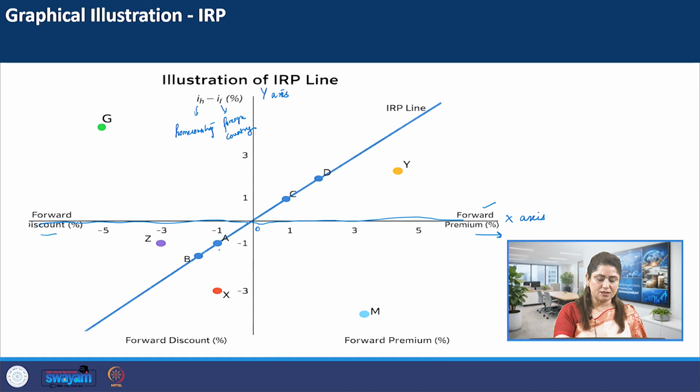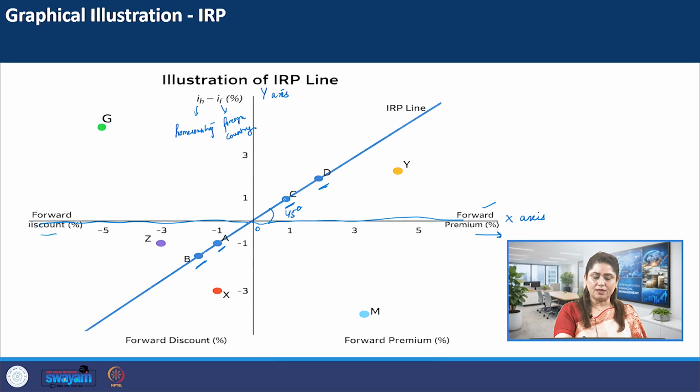We have points A, B, C and D, which are falling on the IRP line, which is at a 45-degree angle from the axis. The points A, B, C and D are lying on the IRP line, which is the equilibrium state.